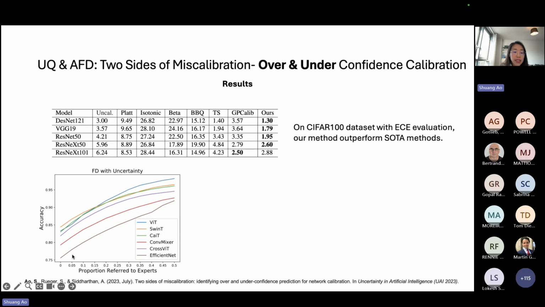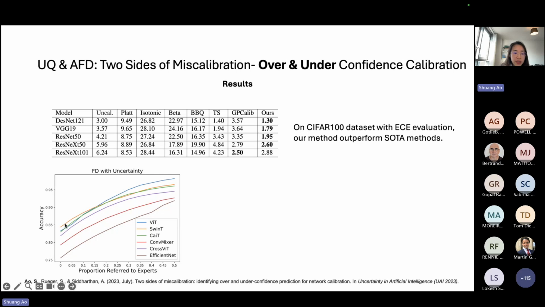Let's say that if we gradually remove some percentage of the data, you can see the performance of course becomes higher. But one interesting finding is that this graph is the baseline with ImageNet, and you can see that at the beginning the Swin Transformer has the highest performance.